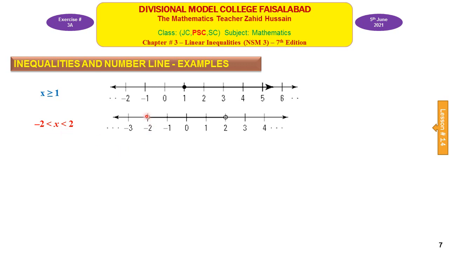So at -2 you will draw an open circle, at +2 you will draw an open circle, and all the numbers between these two circles are the solution. So you will bold this number line between these two circles, or you can draw a circle over -2, a circle over 2, and join these two circles with a line.